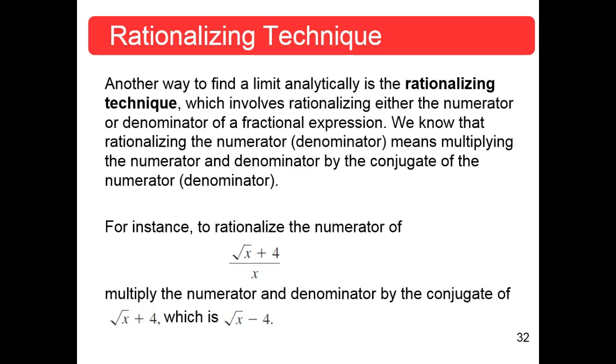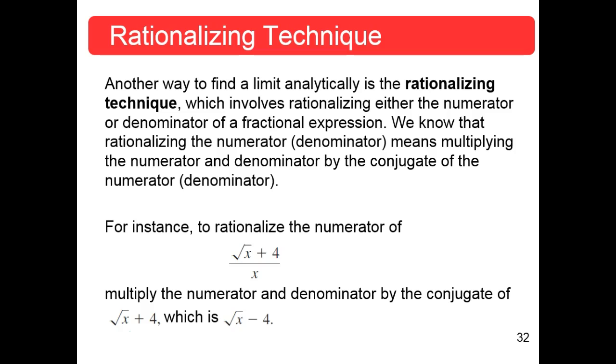Here, do whatever needs rationalizing. It may be the numerator or the denominator. We know that rationalizing the numerator or the denominator means multiplying the numerator and the denominator by the, remember the word, conjugate of the numerator or the denominator.